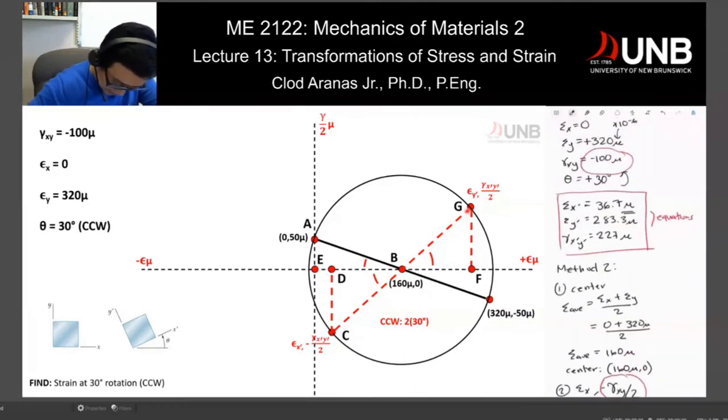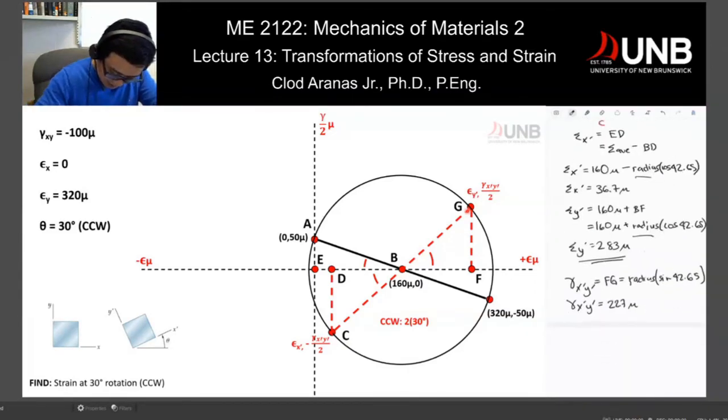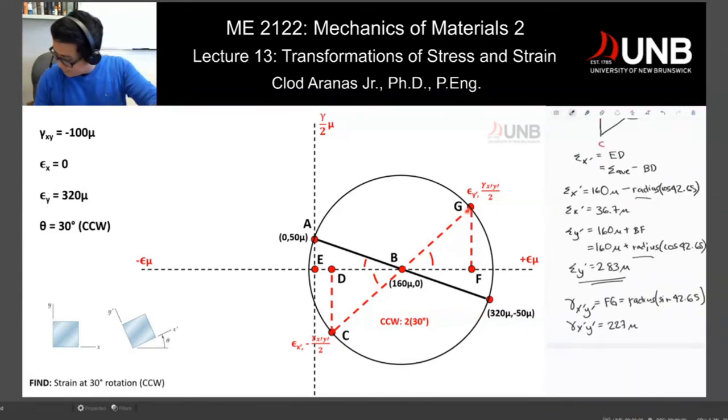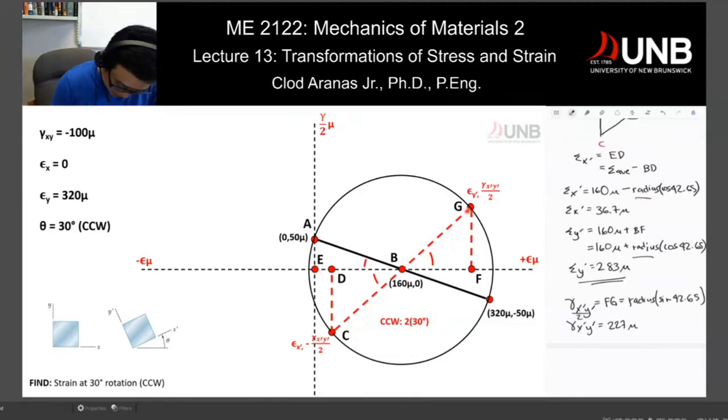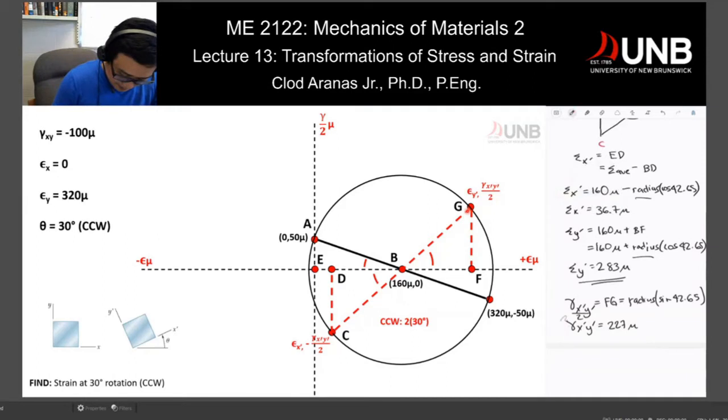This value is 227 mu, and take note that it should be over 2. Yep, and then eventually you will get 227 for your shear strain x prime y prime. So any questions at this point?